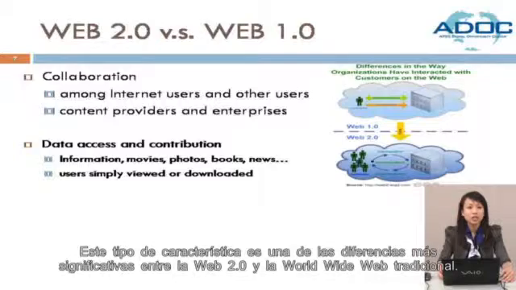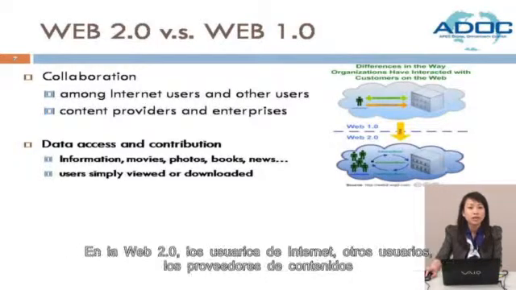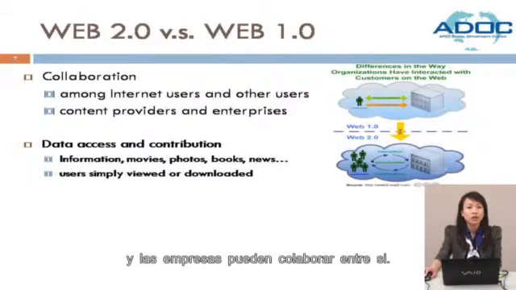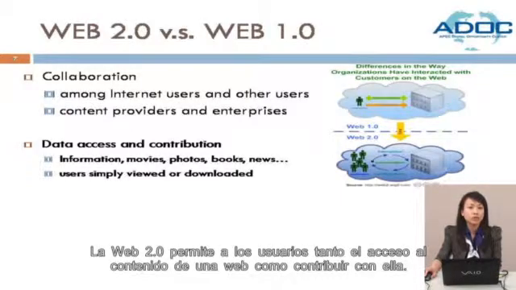This feature is one of the most significant differences between Web 2.0 and the traditional World Wide Web. Internet users, other users, content providers, and enterprises can collaborate on Web 2.0. With Web 2.0, users both access content from a website and contribute to it.